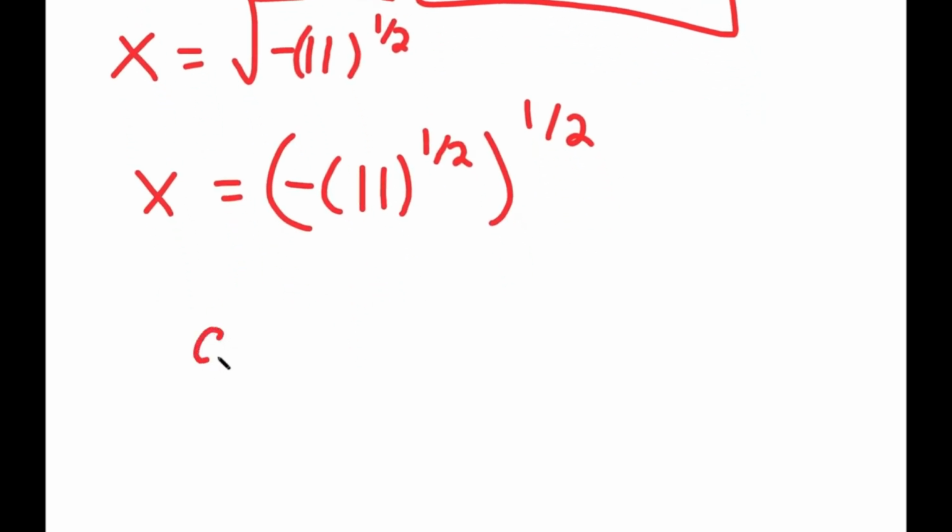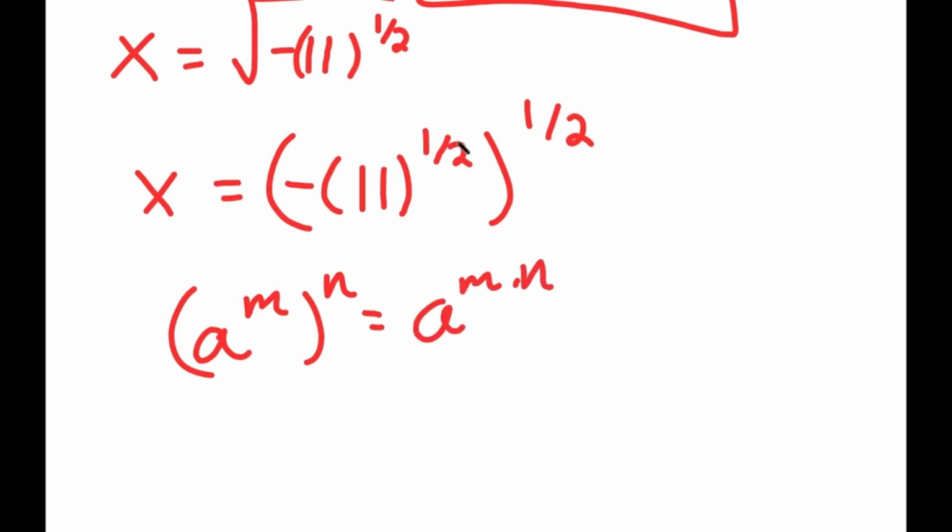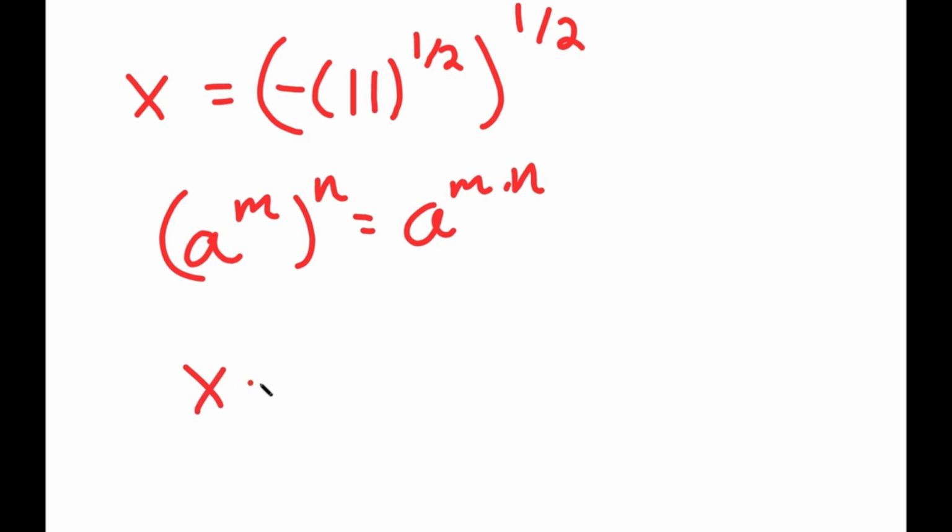And if I have something in the form a to the power of m to the power of n, this is equal to a to the power of m times n. So 1/2 times 1/2 is 1/4. So I get x is equal to negative 11 to the power of 1/4.